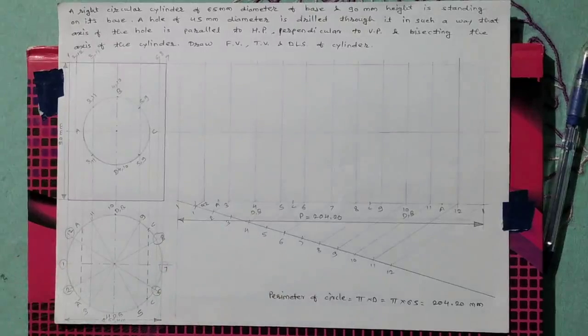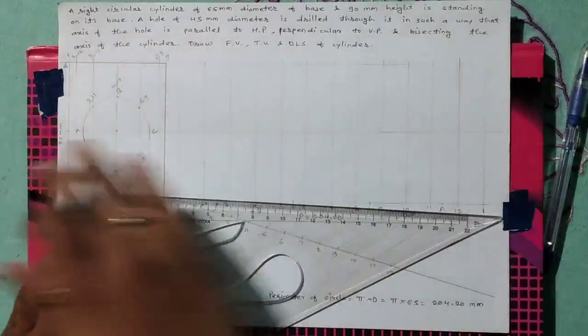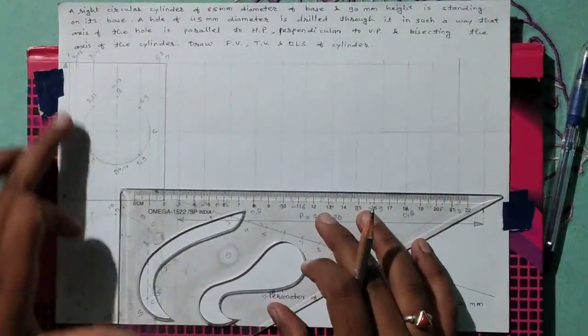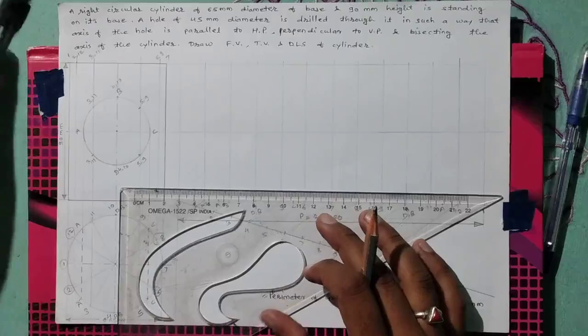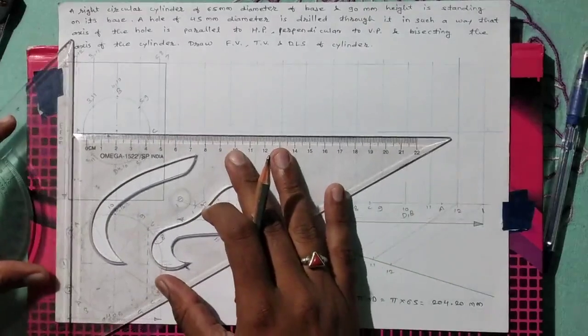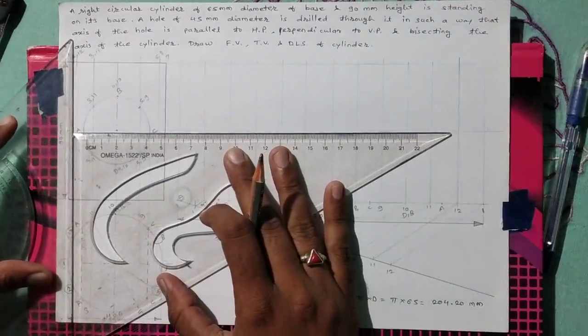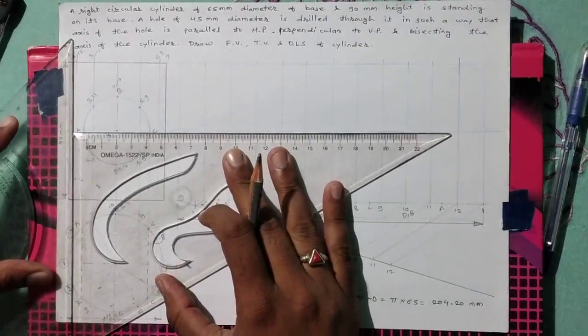After that we have to take horizontal projections from all the points wherever it intersects. Take the projection first.